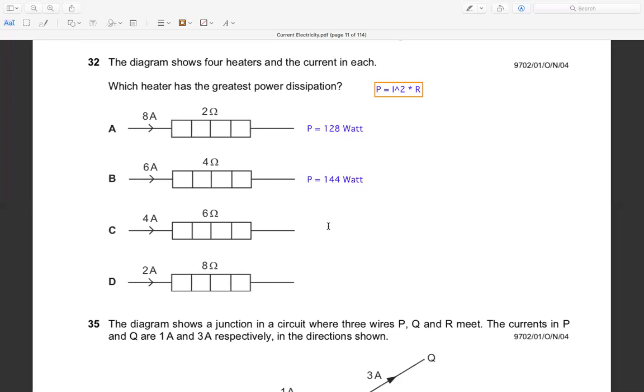And the third one, 4 square is 16. 16 times 6 is 96.